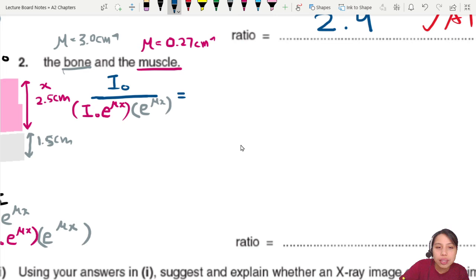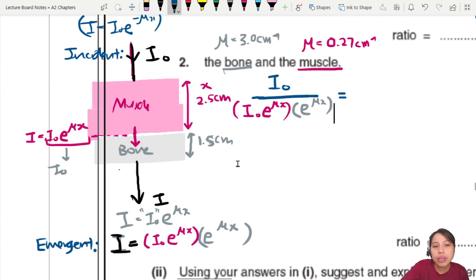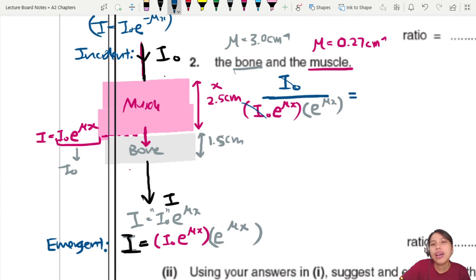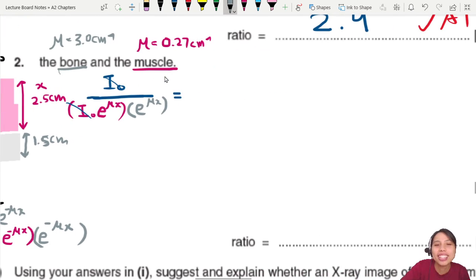I naught is the same, this pink I naught is the same as the one up here, so we can cancel out I naught. What is left here? I forgot the negative. Negative mu here, also negative mu, negative mu everywhere. Okay, there we go, that looks more correct.